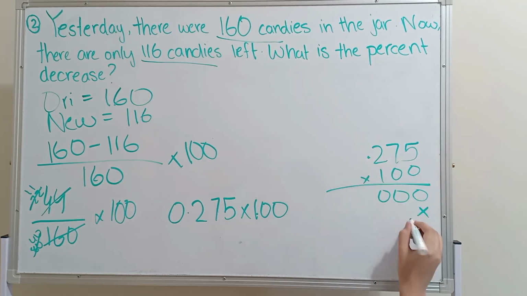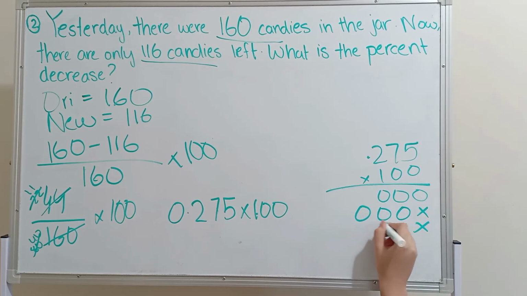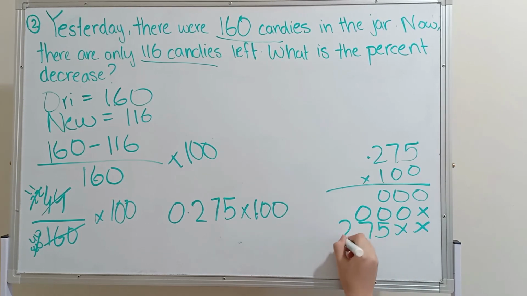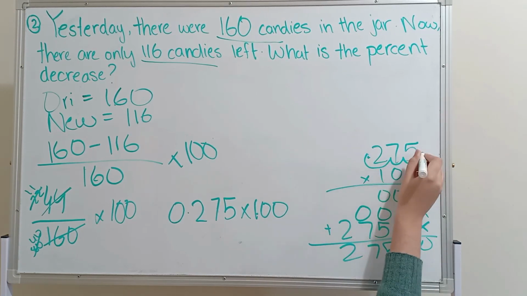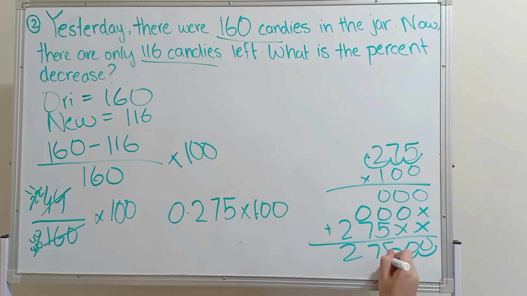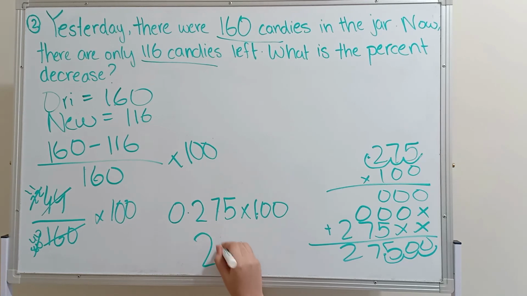We have the decimal here, 0, 0, 0, and 5, 7, 2. We add them, we will get 27500. Now we have 3 decimal places. So we have our answer as 27.5%.